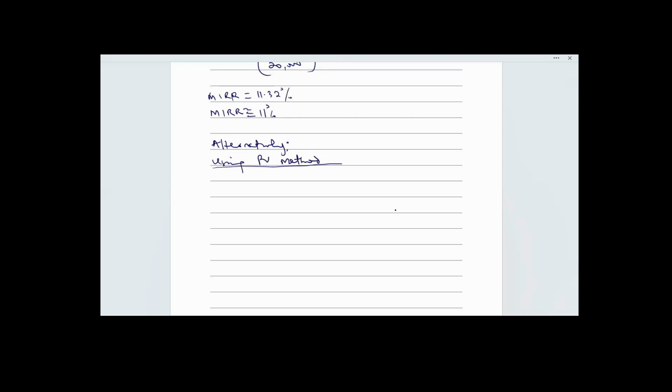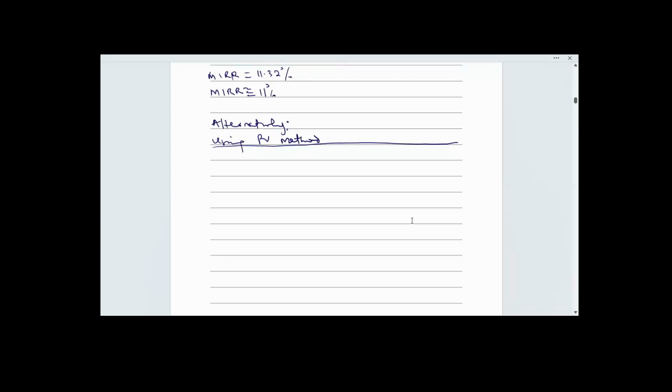Again, please don't go out on the day of your exam and be saying that I'll be writing down using present value method. You don't need all of that. Just do your calculation, give me the final answer. That's what the examiner requires of you. Don't go and be indicating any method you are using. You are at liberty to use any one you want.